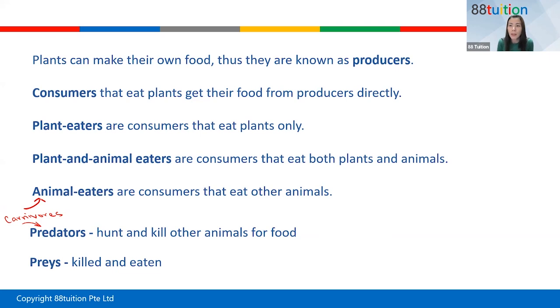Were you the one who told me that predators are also known as carnivores? Yeah, okay, so they are the animal eaters. What about plant eaters? Is there a special name for them? Julian, did you say something? Herbivore. Okay, that's right. What about the plant and animal eaters? Omnivores, right.